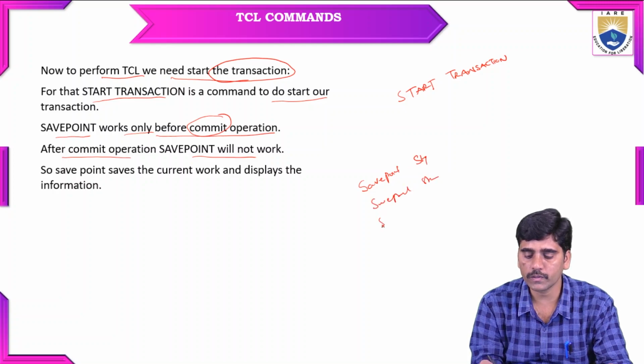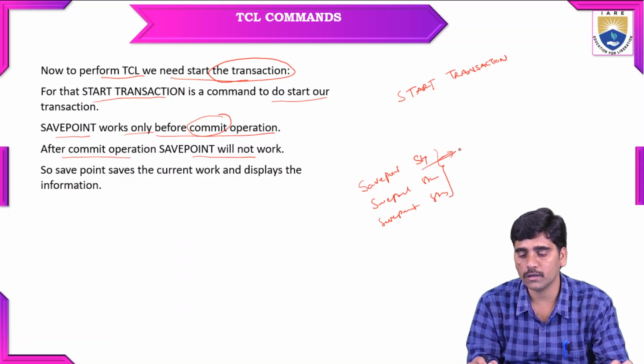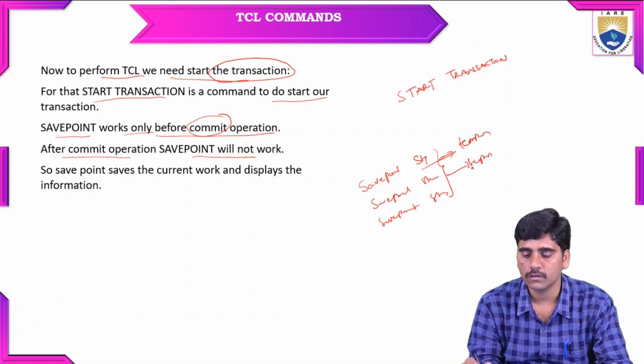Like that, you can create certain stages with savepoint, which indicates that you are saving your data temporarily. After that, whenever you perform the commit operation, the temporary work will be saved permanently.